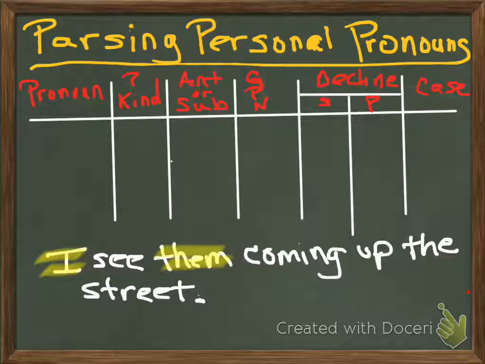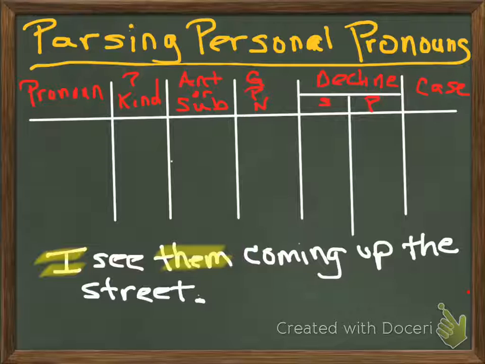Does the word stand in for a noun? So we make sure. So we answer what kind, and in this case we're just going to do personal, and we make sure that it can stand in for a noun. Okay? Once we can do that, then we classify it under the question kind.